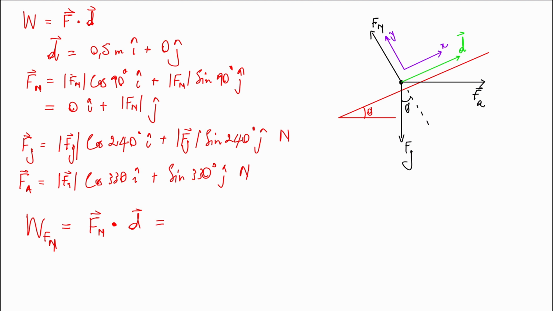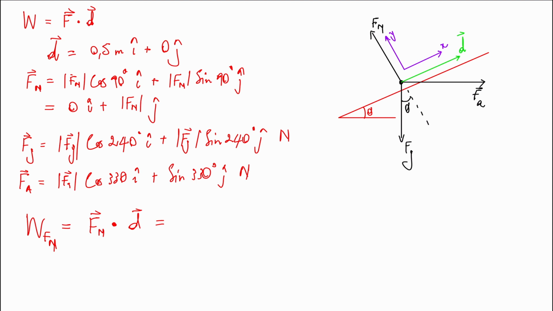Remember, when we take a dot product of two vectors, we multiply the x-coordinate of the first vector by the x-coordinate of the second. And we do the same for the y component, and the same with the z components.